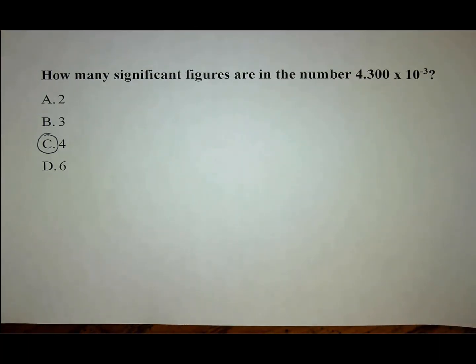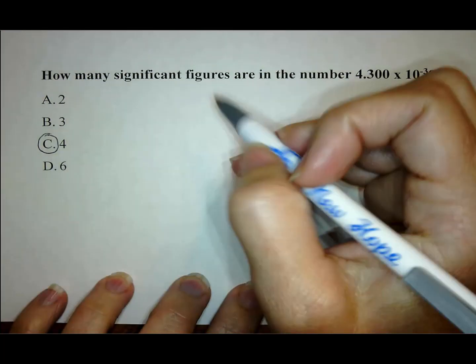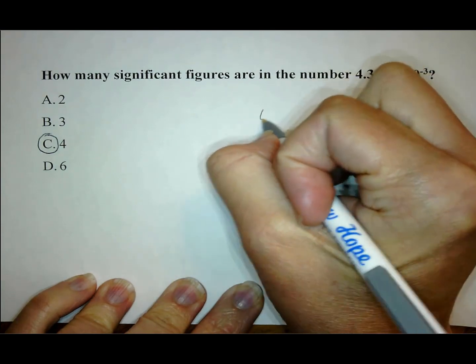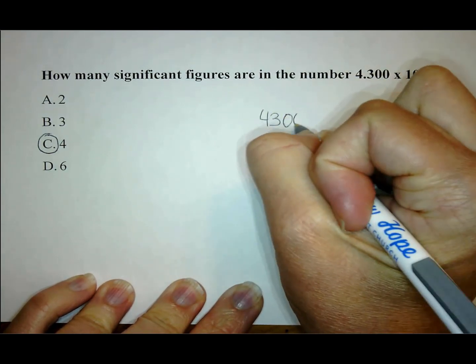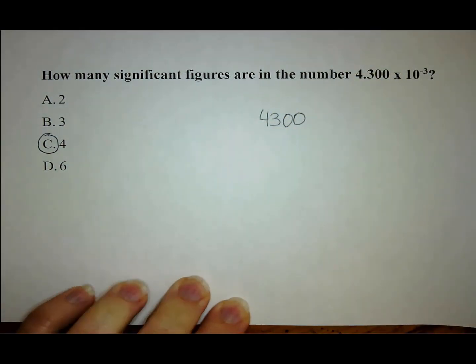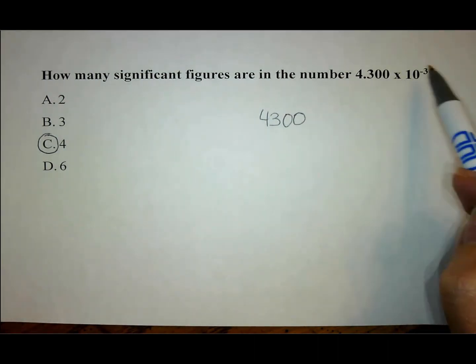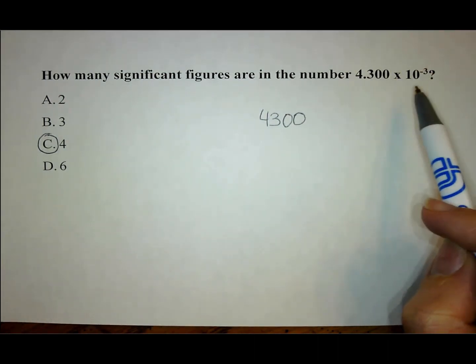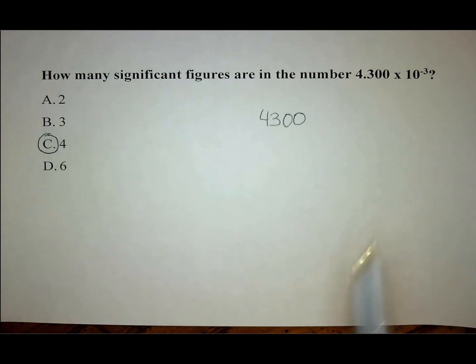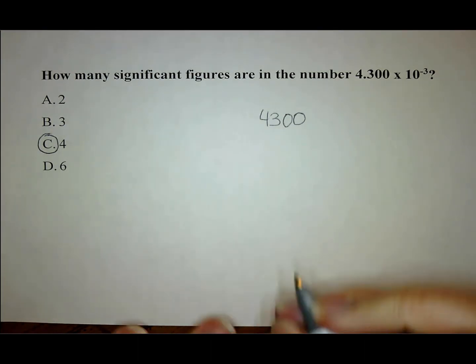Now, if you wanted to turn this number from scientific notation into decimal form, you would want to make sure that it has the same number of decimal places that it does in the scientific notation. So we want to have 4300, and we want to also make sure that it has the correct value. So we're going to put a decimal point in, and we need to move it 3 spaces to the left.